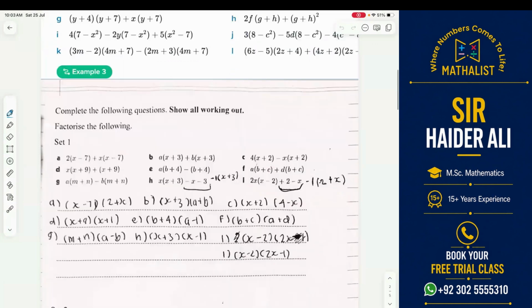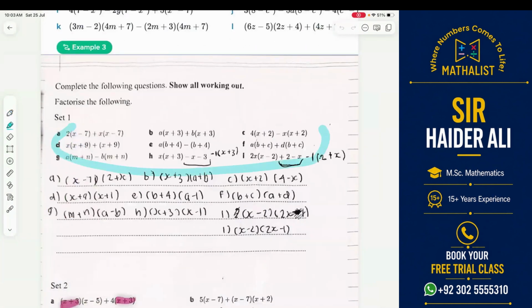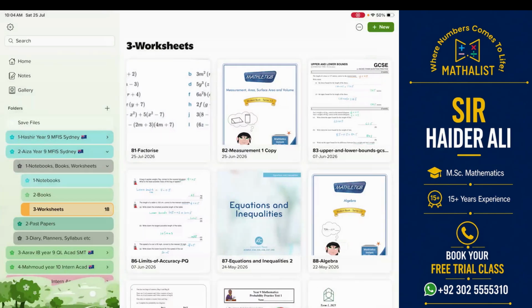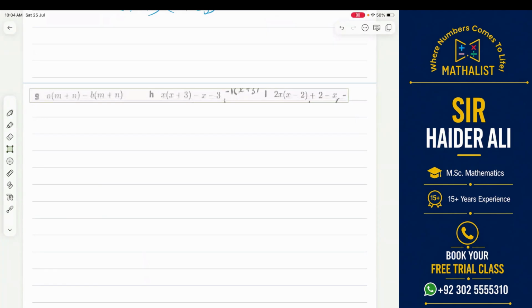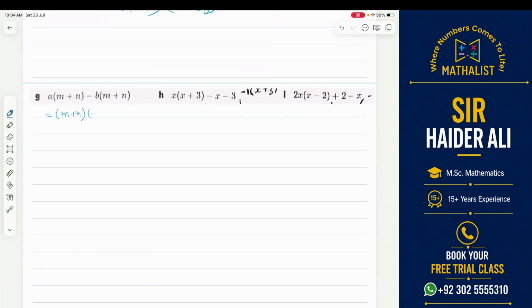Okay, but these are all the same question, right? But I am solving especially the last three parts, and the remaining you can solve yourself. First of all, for G part, it's so easy. You can take m plus n common, and inside we have a minus b, right?